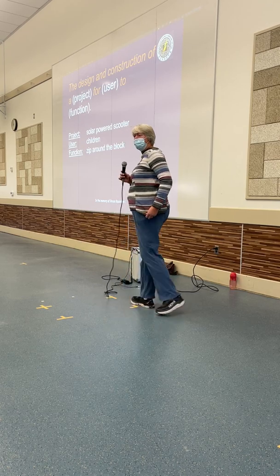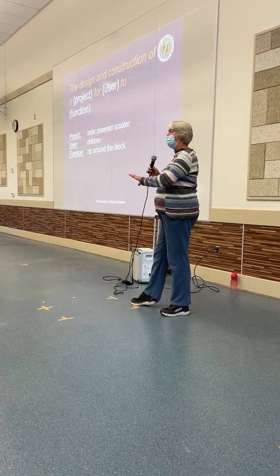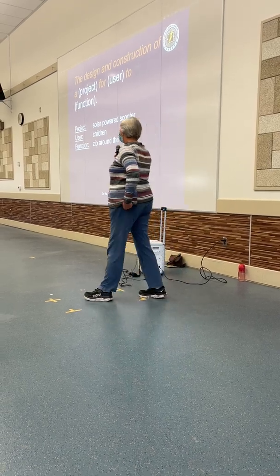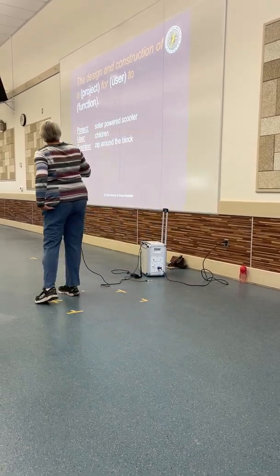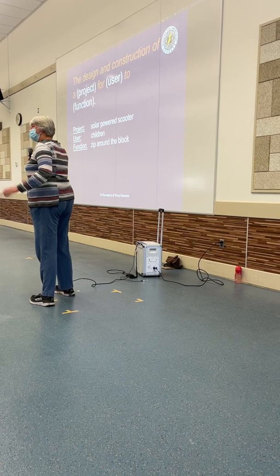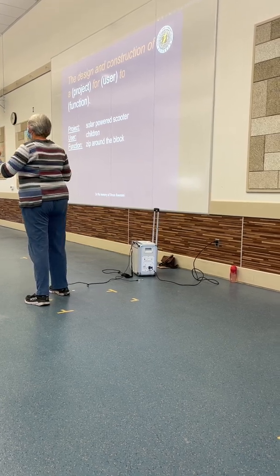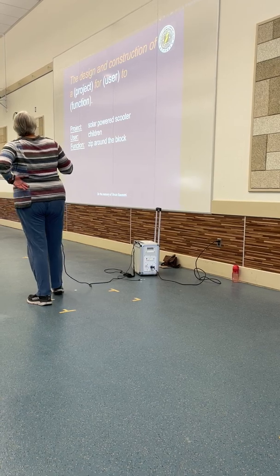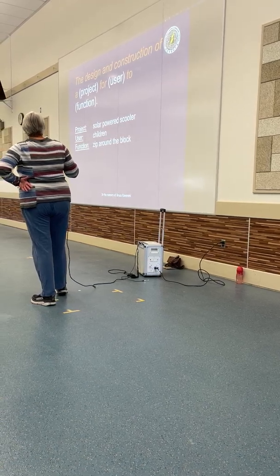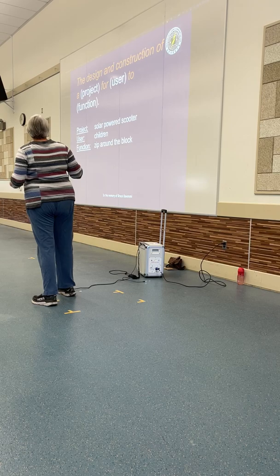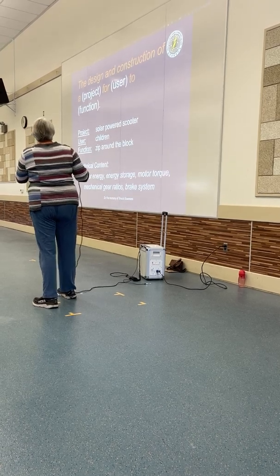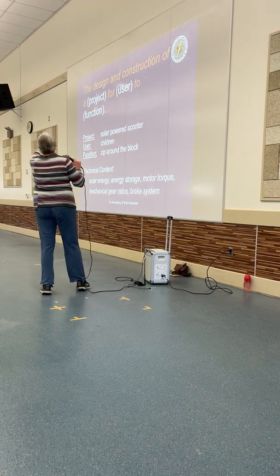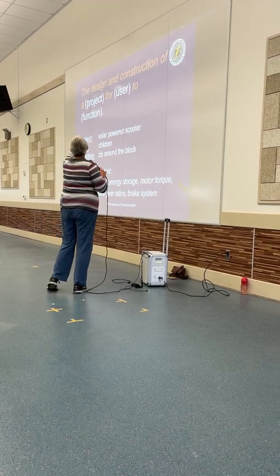So let's go through the engineering goal statement exercise. I think a lot of you got an engineering goal statement paper. I'm not sure if all of you did. That's okay. What we're going to do is construct engineering goals from that template. The template is: the design and construction of some project for some user to do some function. In this case, we're going to plug in project, user, and function.